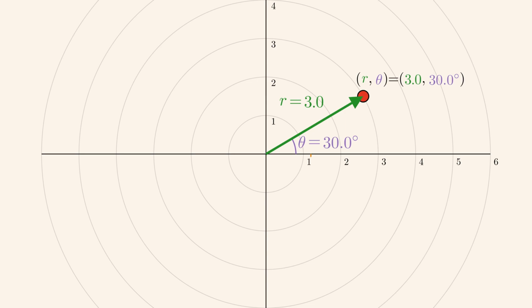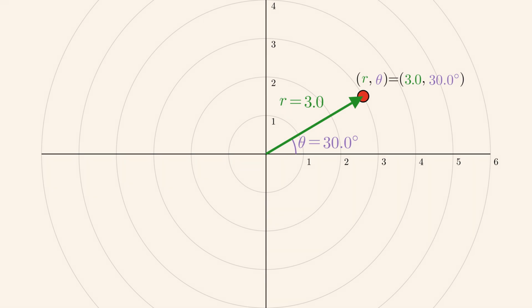But we can also rotate clockwise. An angle of negative 330 degrees leads us to the same spot. We can also use this negative angle to write our polar coordinates. But we will stick with the simpler positive angles for this video.